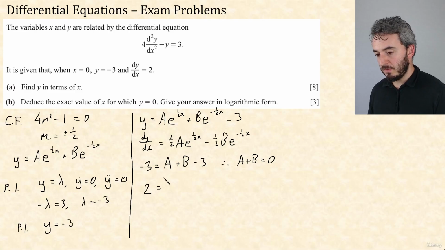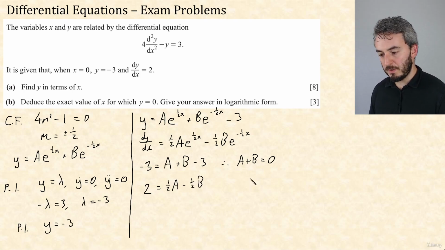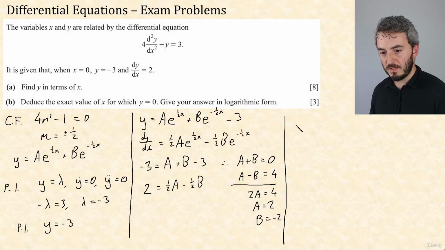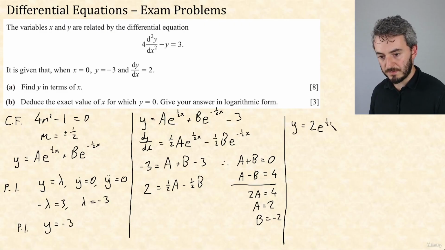So we have 2 equals half a times e to the 0 minus a half b. Okay, let's just double both of those, and we get a minus b equals 4. Adding these together, 2a equals 4, a equals 2, and so b is minus 2. So y in terms of x gives me y equals 2e to the half x minus 2e to the minus half x minus 3.